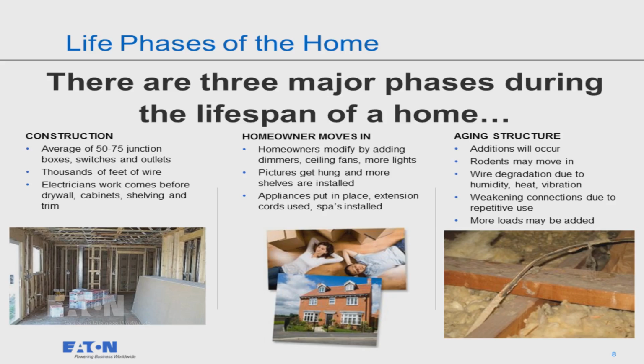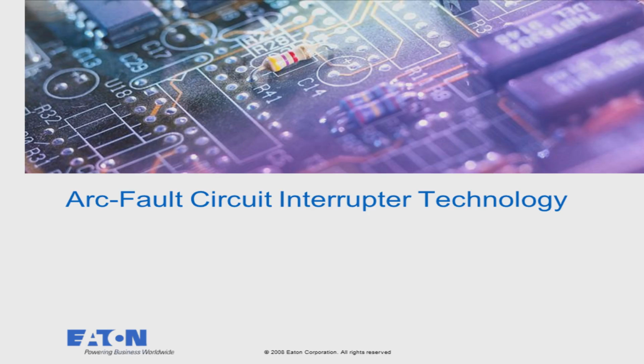And as the home ages, all of those degradation drivers come into play: voltage stress, heat, temperature, humidity. So the whole point is there's a lot of opportunity during the lifespan of a home where damage can happen, or these potential arcs that can cause fires can occur. That's what's driven the change to the code and the improvements to the arc fault circuit interrupter technology.